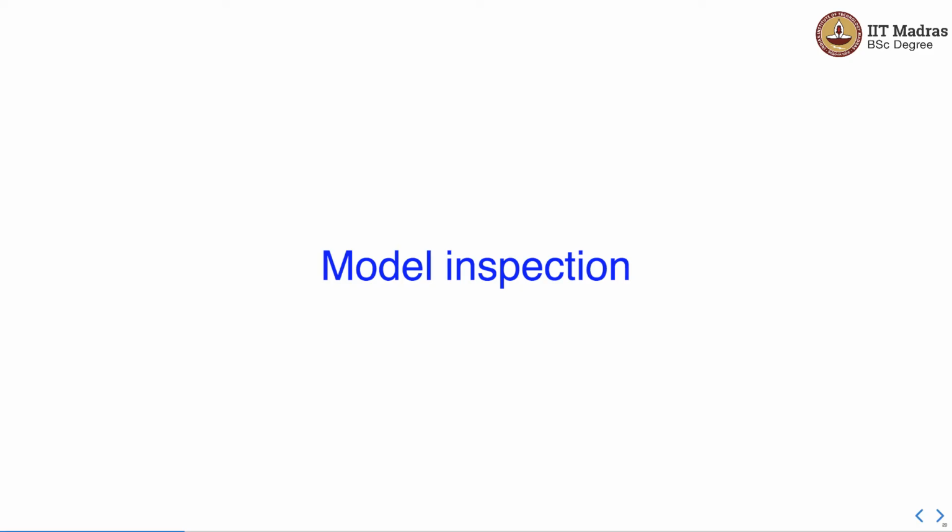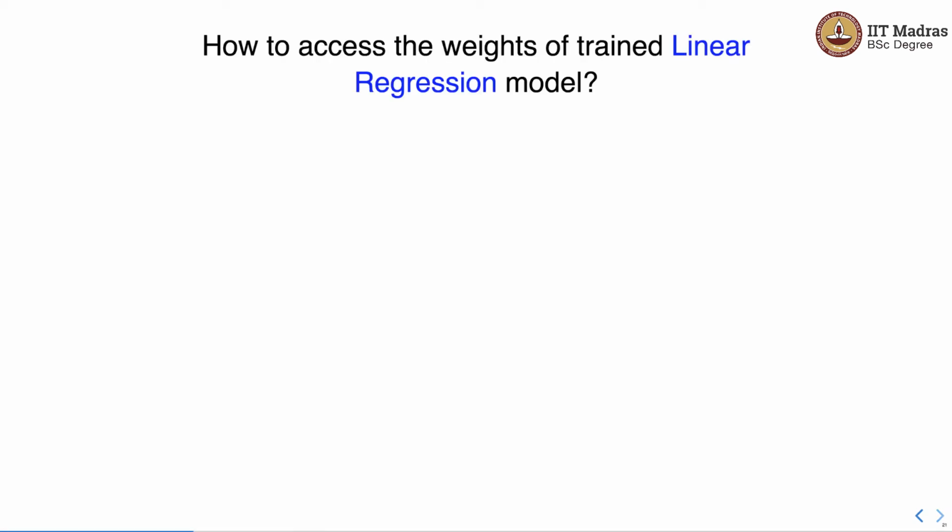Now that we have seen how to train linear regression models using sklearn APIs, let's move on to the next topic, which is how to inspect the trained model. The specific question we are asking here is how to access the weights of a trained linear regression model. Remember that the linear regression model obtains the label as a linear combination of features.